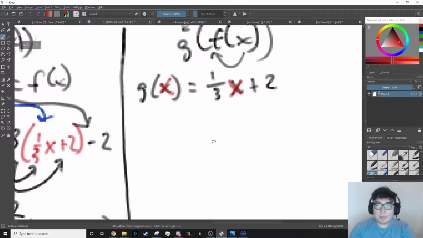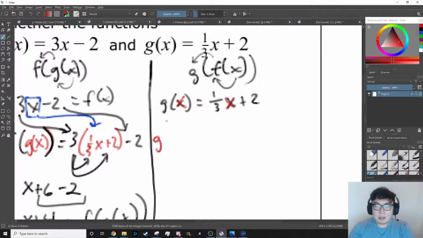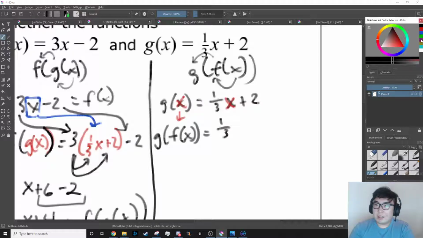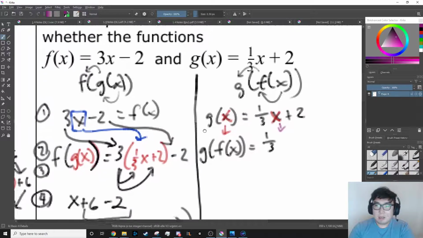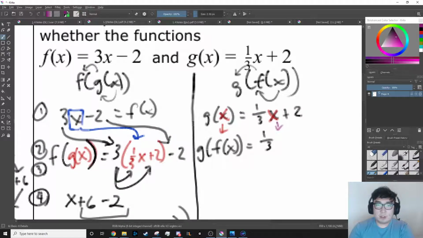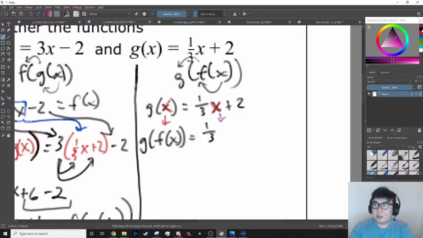So if I want to do that, g of f of x. My x becomes f of x, which is equal to 1/3. I told you this x can be just skipped into f of x, but I just want to write this for space purposes.